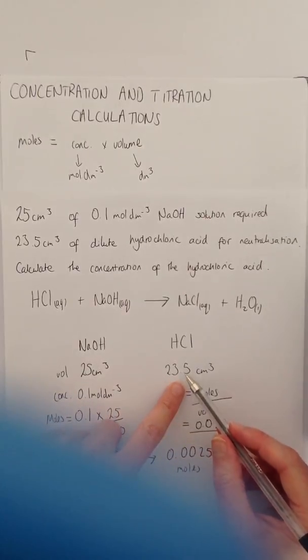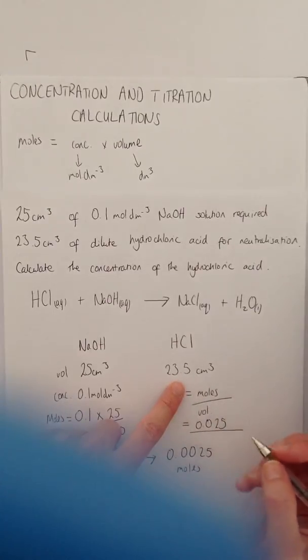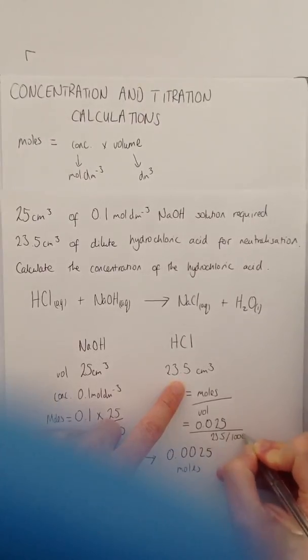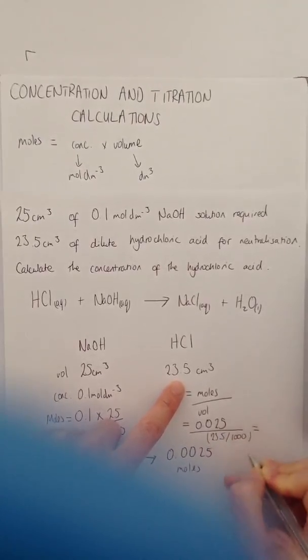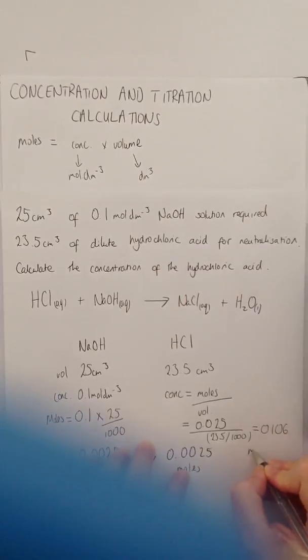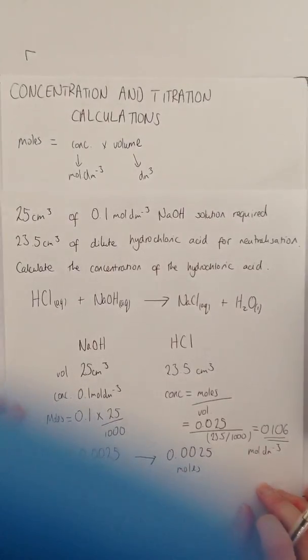But again, remembering that I must convert this into decimetre cubed. So 23.5 over 1000. This gives us an answer of 0.106 mole per decimetre cubed. And that's our final answer, our concentration in mole per decimetre cubed.